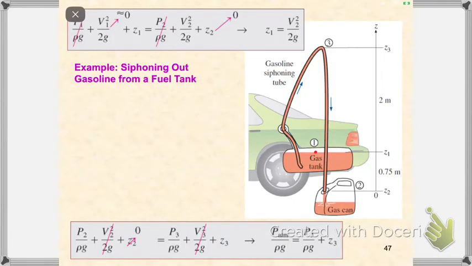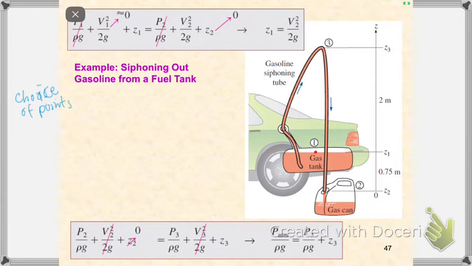Now we look into a few different cases when we have to apply the Bernoulli equation. Again, when we are dealing with the Bernoulli equation, the important thing is your choice of points.